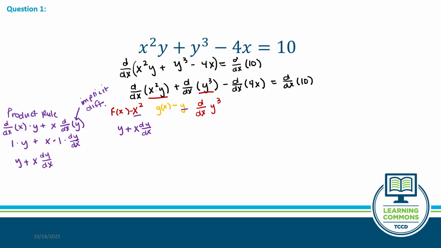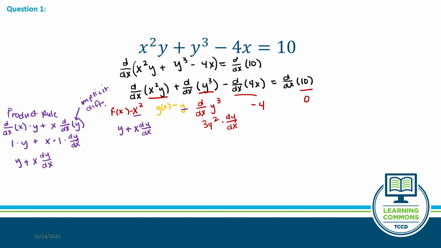The power rule: bring 3 down, 3 minus 1, it'd be 3y squared times dy dx. Okay? Nothing too crazy. Now, this one, just normal differentiation, it's just going to be -4. And then this one, constant rule, just going to be 0.